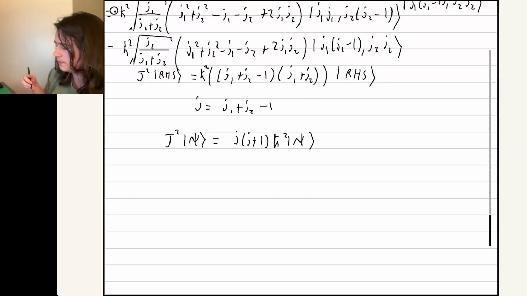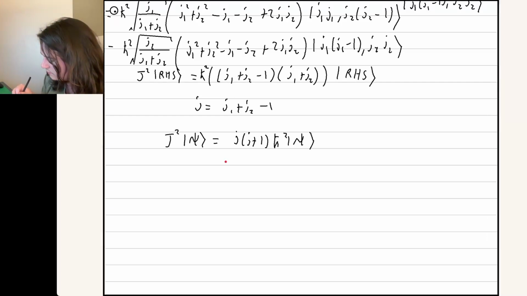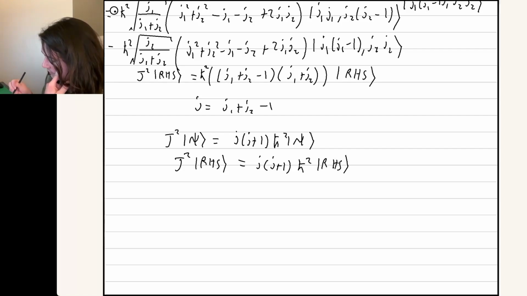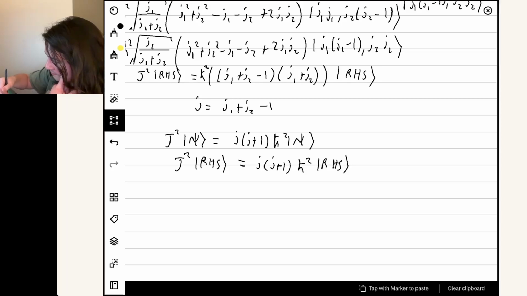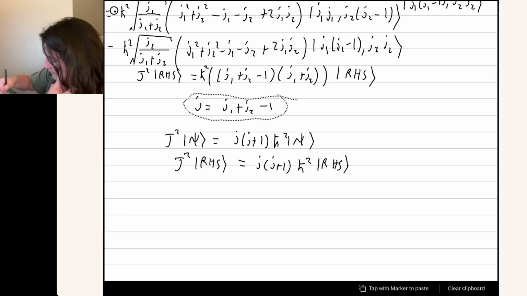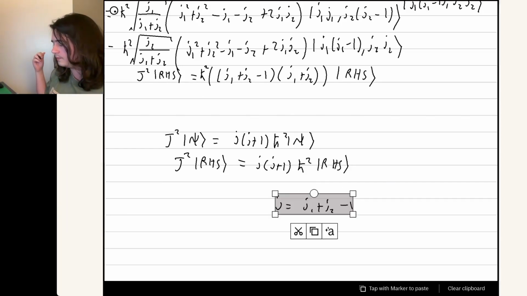So we have the h bar squared, we have the right-hand side. So we have that this is J times J plus 1 times h bar squared acting on the right-hand side, if indeed J equals J1 plus J2 minus 1. So that is pretty awesome.